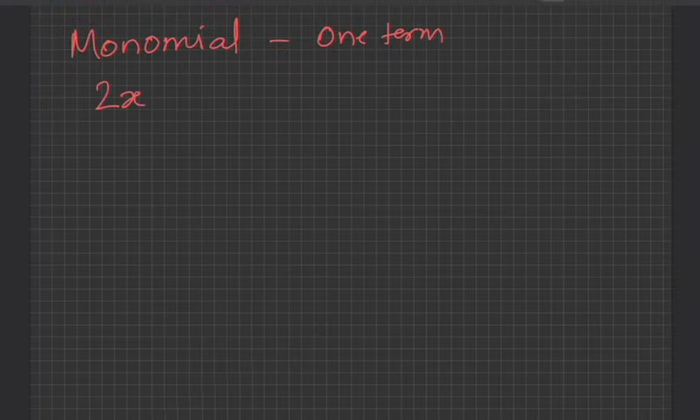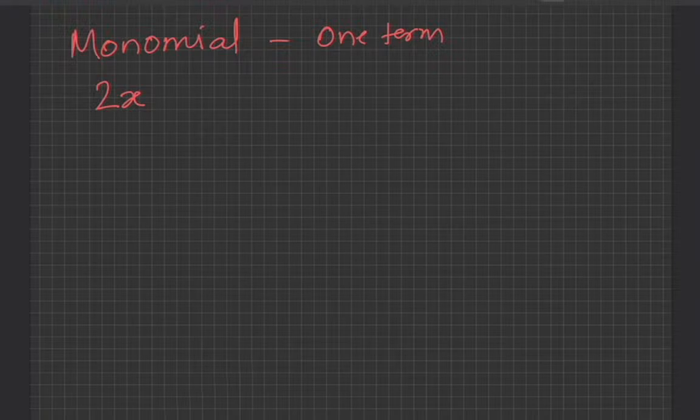Let's now understand the types of expressions. Just a quick review. We have a monomial. A monomial is basically one term, correct? So it's just one term. Let's say 2x is one term.